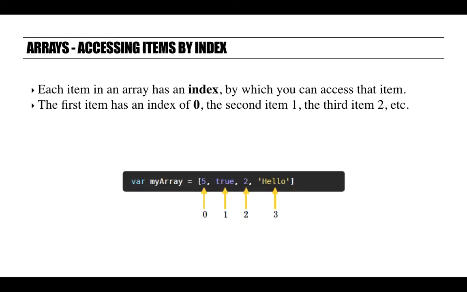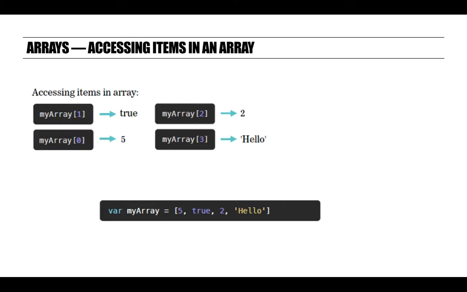Like I said, you can store different values of different data types if you wanted to, and then just index through them that way. In order to get things back out of an array, to access those values that you're actually storing, you would call on the index in this way.